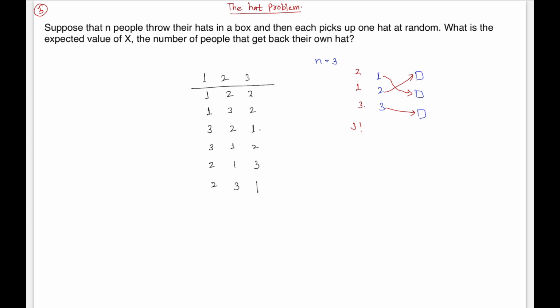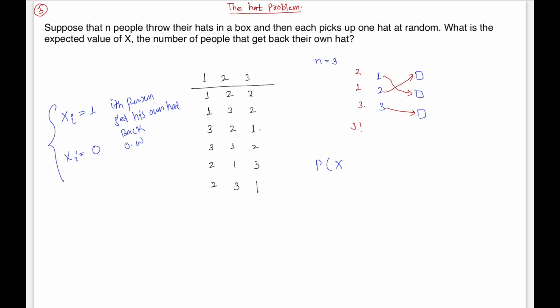So let's say, for example, I am defining one new random variable, xi, and it will get the value 1 when the ith person gets his own hat back, otherwise this will be 0, right?